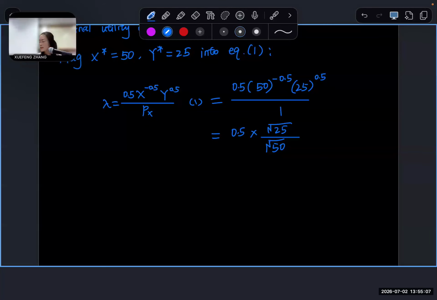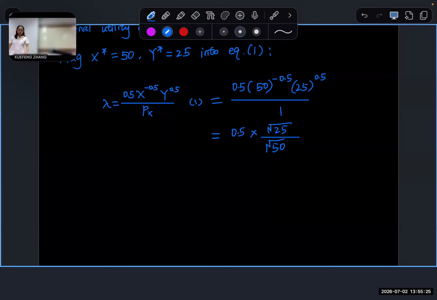Because 50 has a negative power, 50 goes in the denominator, and 25 has a positive half power, so 25 goes in the numerator. Be careful about those.